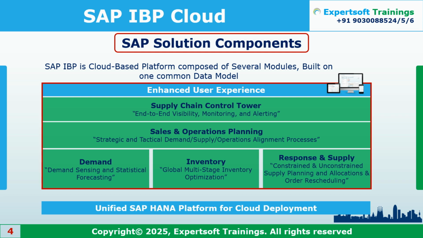Whenever your supply chain network is a little bigger, I mean you have distribution centers and manufacturing plants in place and they are interconnected, in those cases it's better to go for IBP.